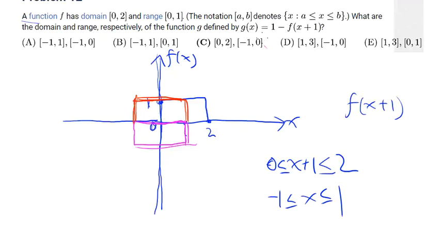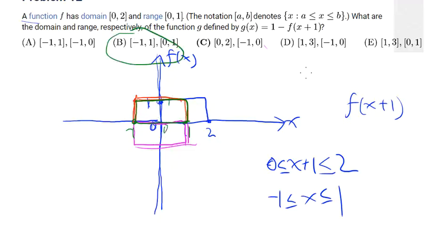Now there's the 1. We add 1 to this entire box. Of course, it's a vertical shift, so we move this up by 1. And we're back to the original box here. This is going to be the domain and range. The domain is from here to here, -1 to 1, while the range is still 0 to 1.